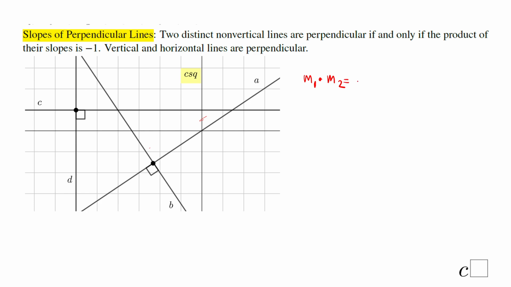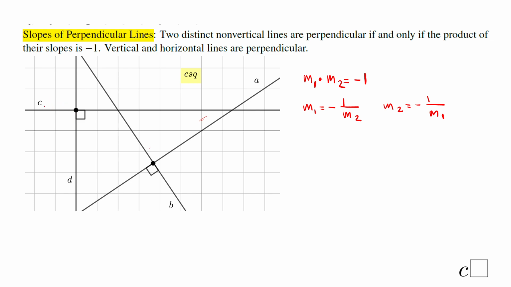That means the product is -1. Another way to look at it is that m1 is the negative reciprocal of m2, or vice versa. The slope of the second line is the negative reciprocal, or the opposite reciprocal, of the first line. These are the things I'm going to use here.